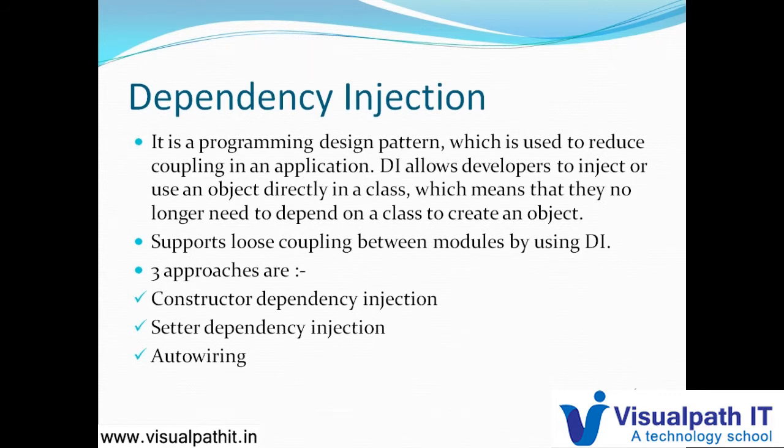Since, as we know, the Spring framework supports loose coupling, that is, one module will not be dependent on another for its proper functioning, it does this by using dependency injection. The basic principle of dependency injection is that the objects define their dependencies using a constructor argument.